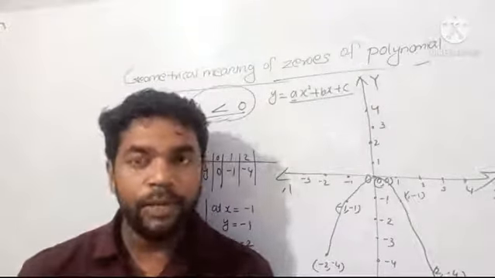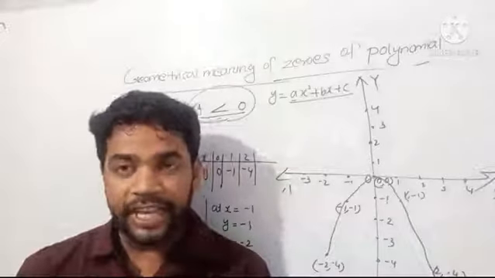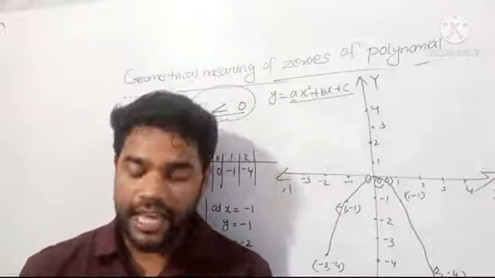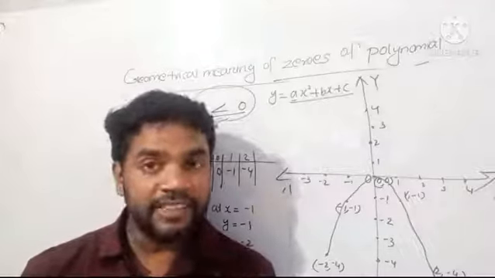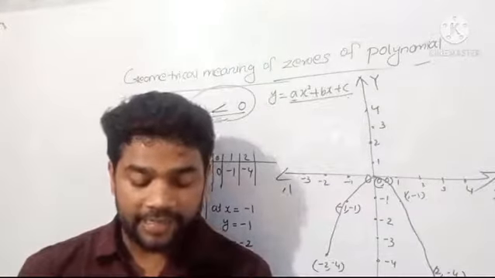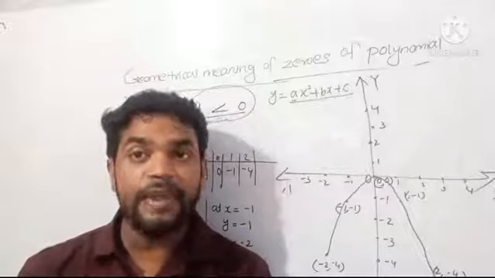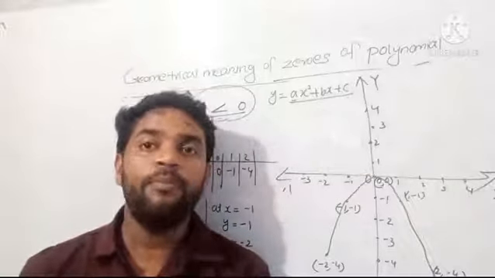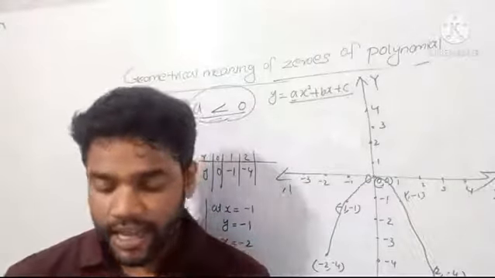In general, a polynomial p(x) of degree n has at most n zeros, and its graph intersects the x-axis at most at n points.